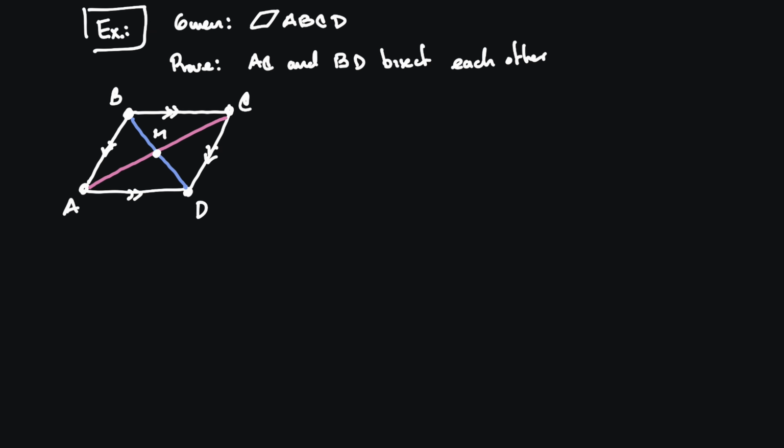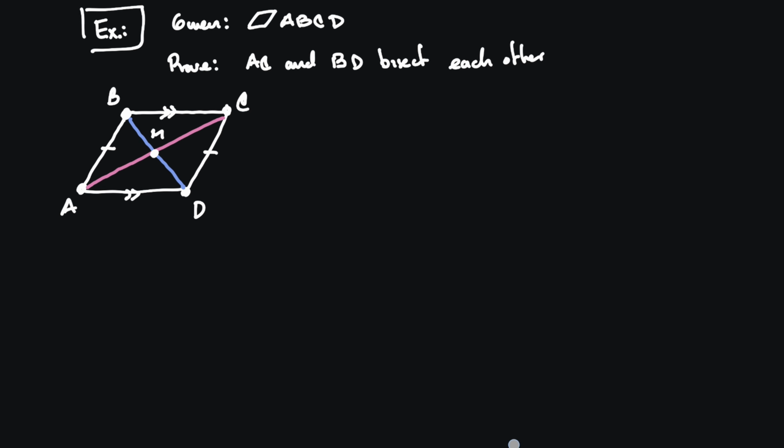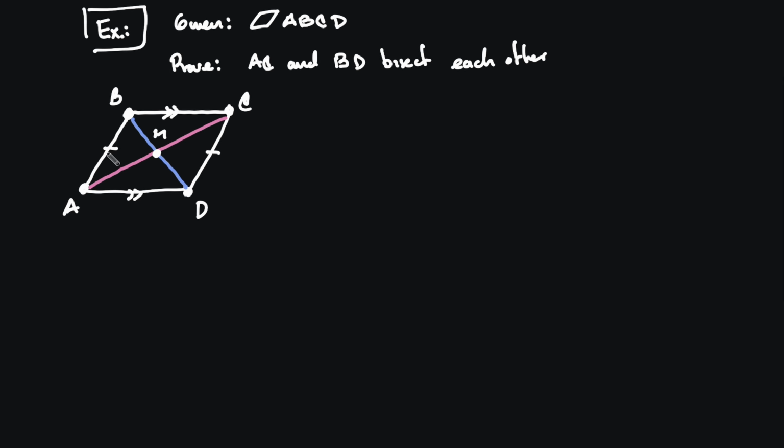We know by definition of parallelogram, let me erase these marks, we know that this side must be congruent with this side, right? So we have a side and a side. What else can we find? Remember that this is a transversal.